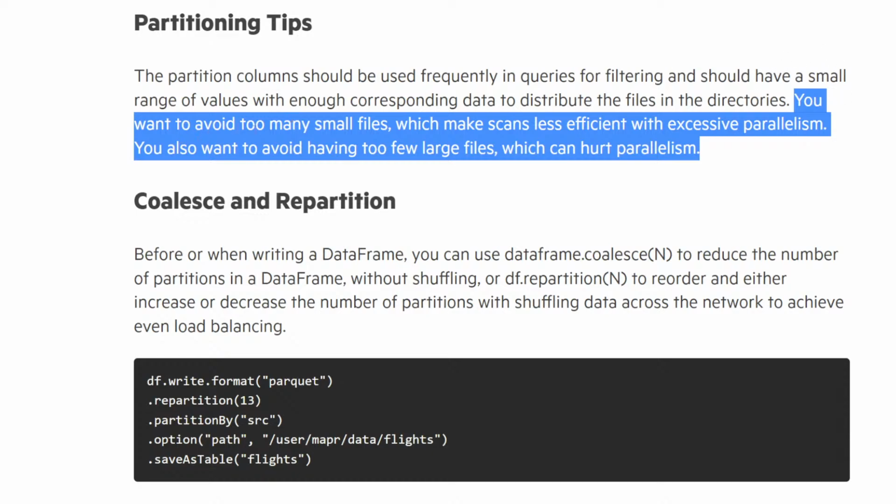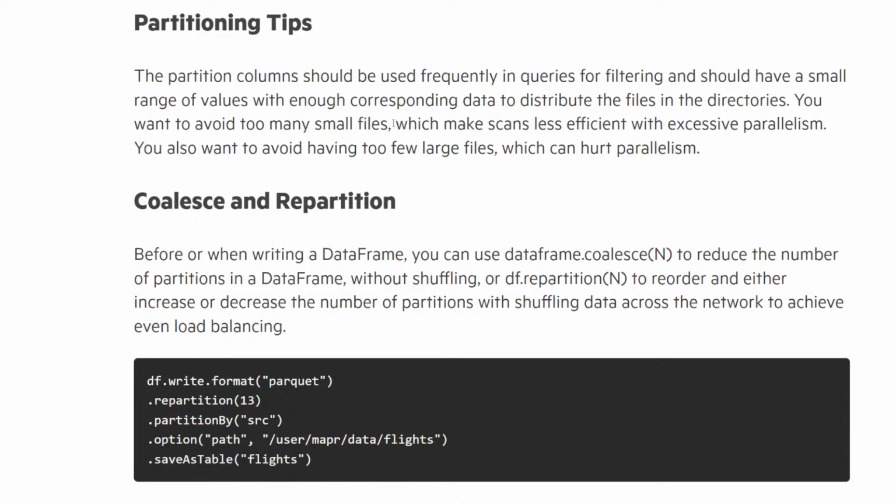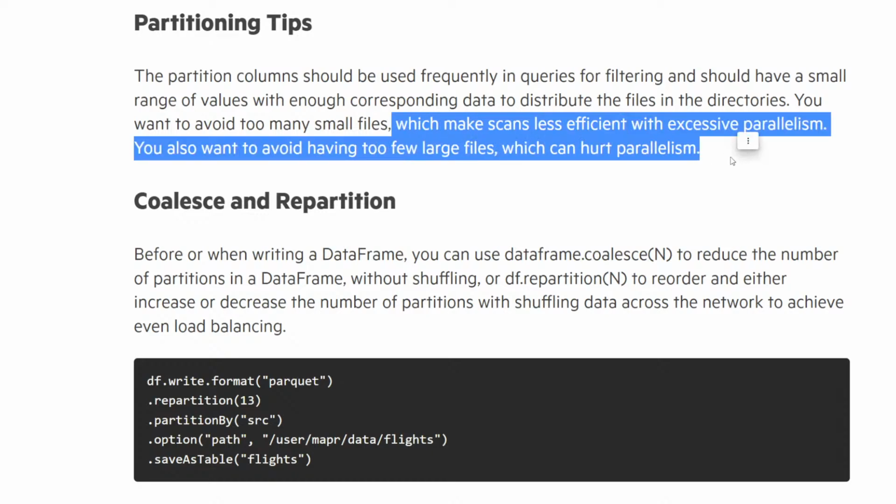You want to avoid too many small files, so you don't want to have the small file problem. In Hadoop, the small file problem is a problem we like to avoid. We don't want to have too many small files that create metadata in name nodes. Rather, we want to have like a GB sized file or a 500 MB sized file.